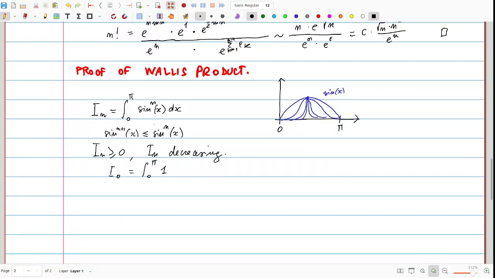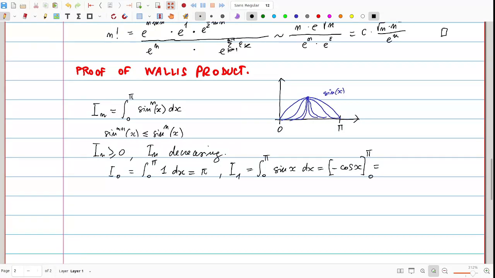Sine to the power 0 is 1, and this is pi, while I1 is the integral of the function sine of x, which is of course minus cosine between 0 and pi.